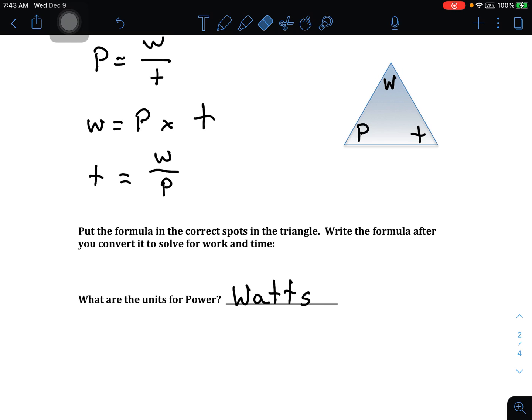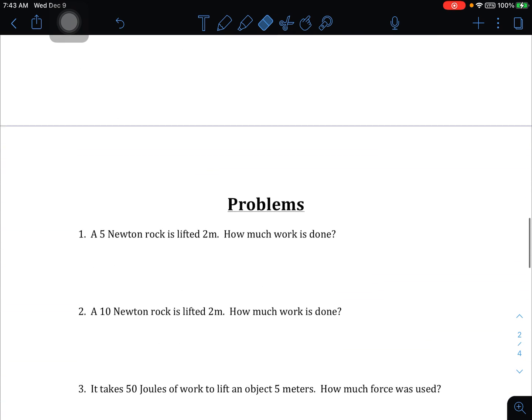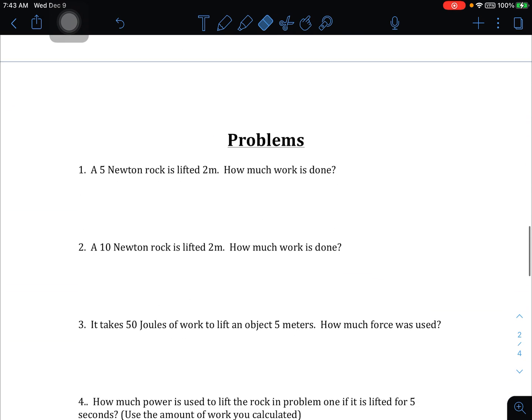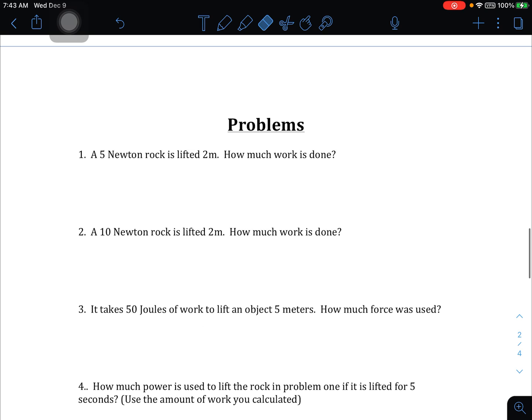Your electrical usage in your house is measured in kilowatt hours, so it's a term maybe you've seen before. Well, let's look at a few problems. These are very similar to other problems we've done during the course, speed and velocity problems, etc. When you do these problems, the first thing you should do is decide what you are solving for.